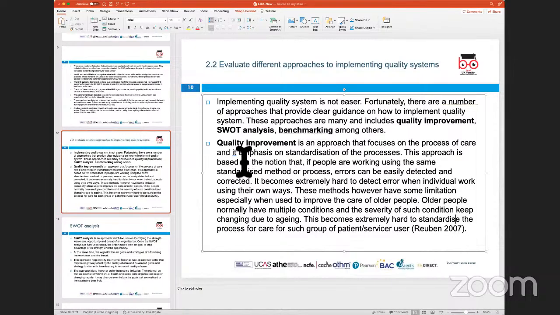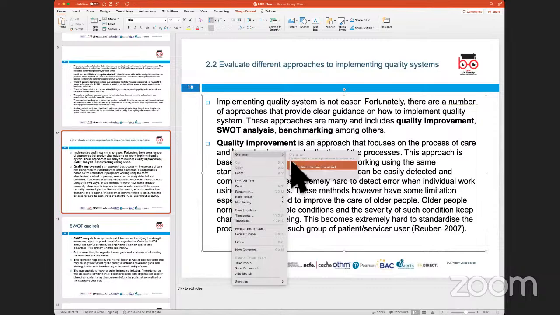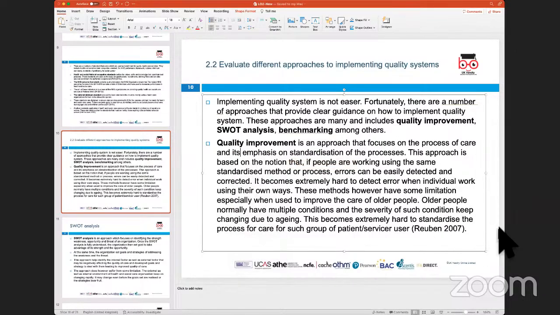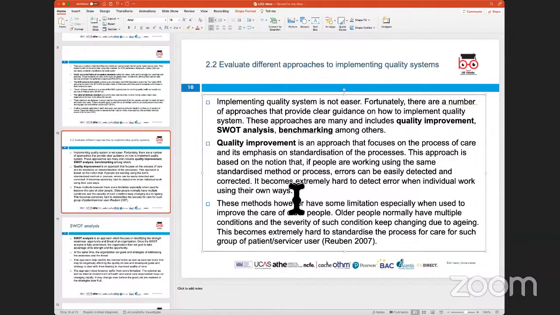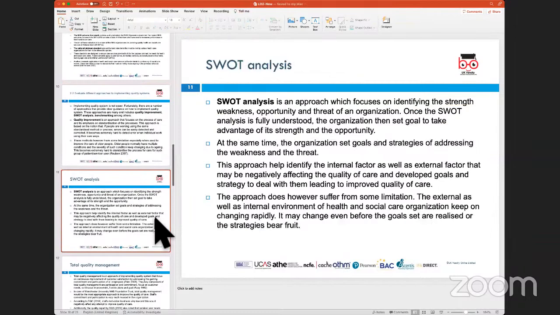So although the quality improvement approach has its advantages, it can also have disadvantages with certain customers who have multiple underlying conditions, or conditions which, if overlooked, can become fatal and lead to loss of life.